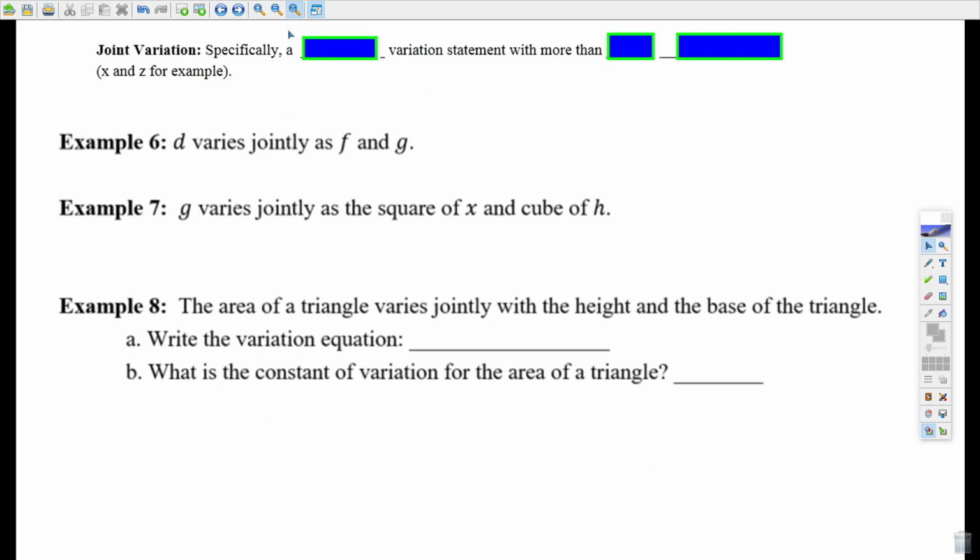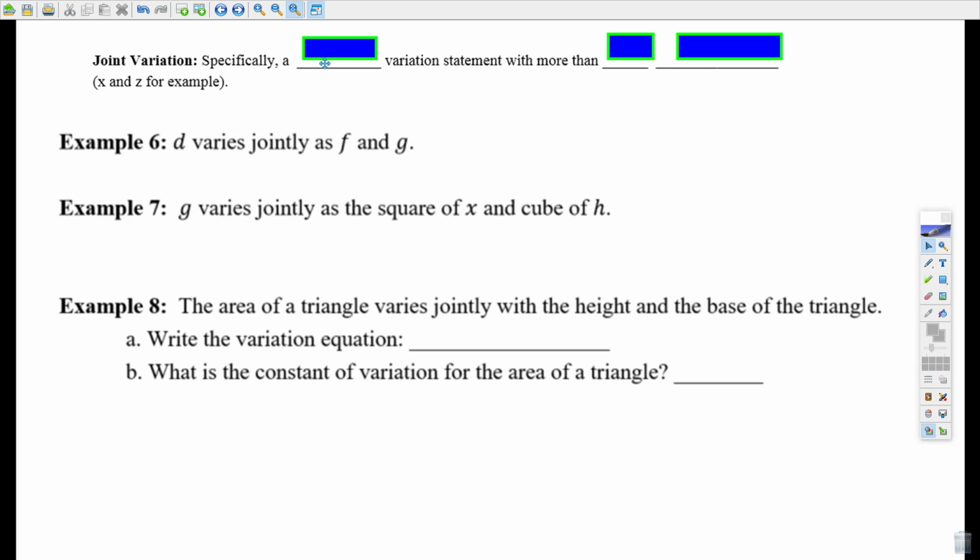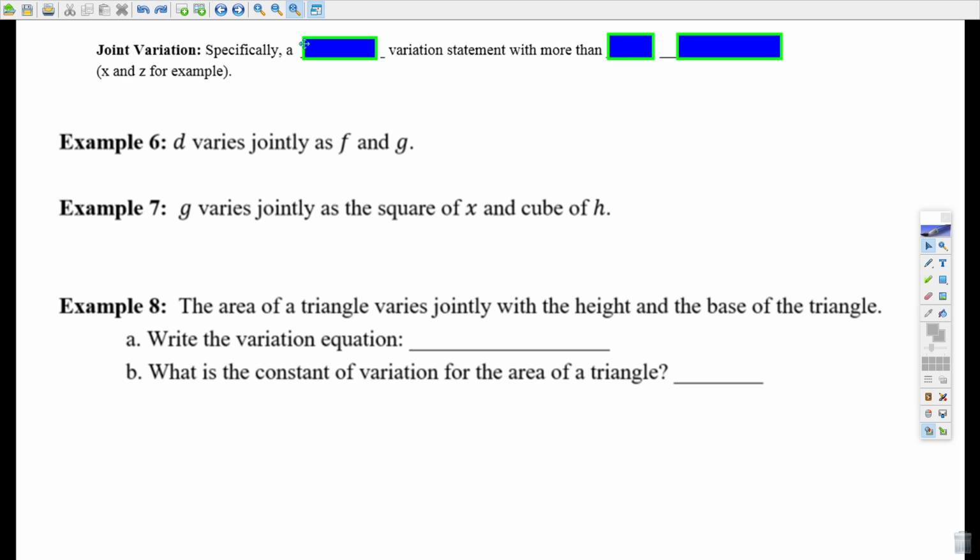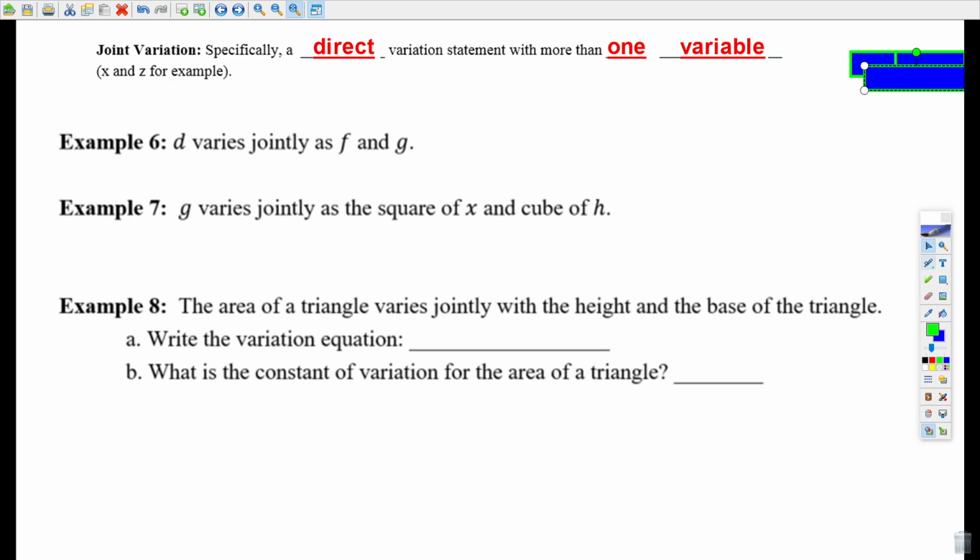The next one we have is called joint variation. So that is very specifically direct variation, but it has more than one variable. So remember, direct variation just means all multiplication.